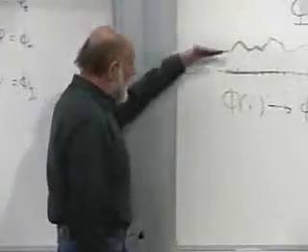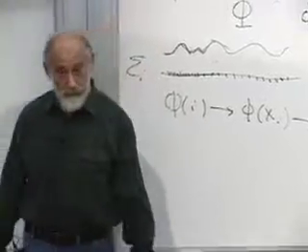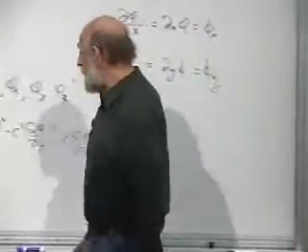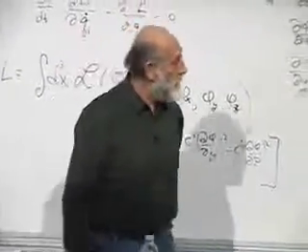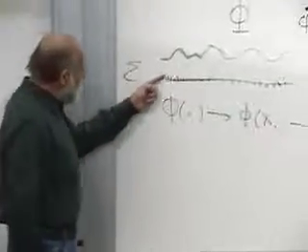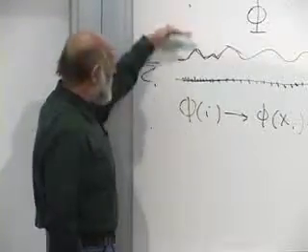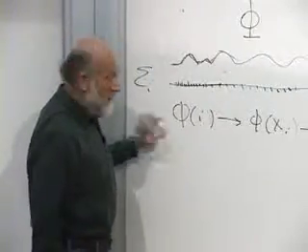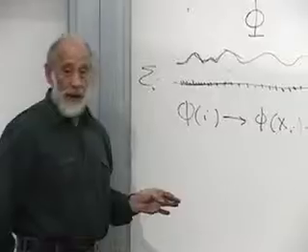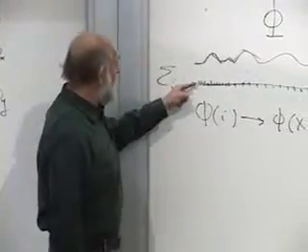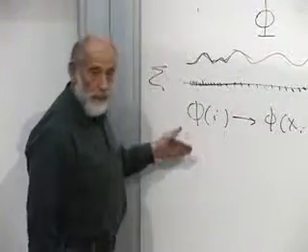There could be things which depend on phi itself without derivatives. It's a perfectly rational thing to put into a Lagrangian. For example, each one of these particles could have an energy which depends on its height, not on the difference between neighboring heights, but a term in the energy which would just depend on the height of each particle.